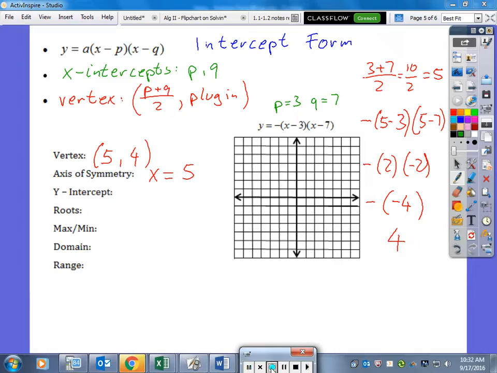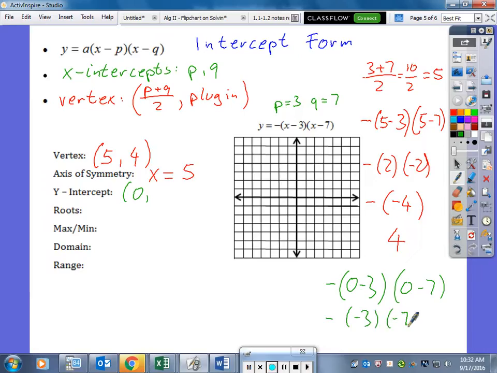Our y-intercept, we always find where x is equal to 0. So negative (0 minus 3) times (0 minus 7). The negative of negative 3 times negative 7. In other words, the negative of 21.